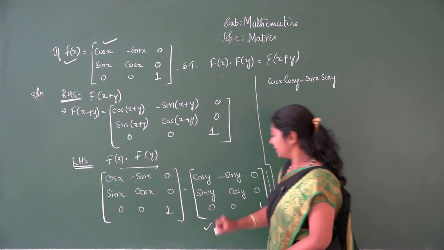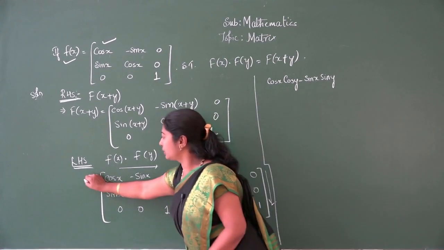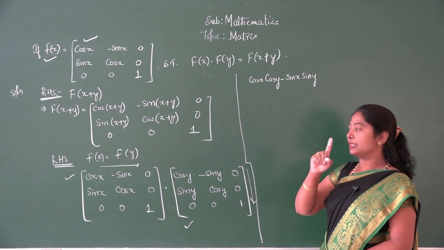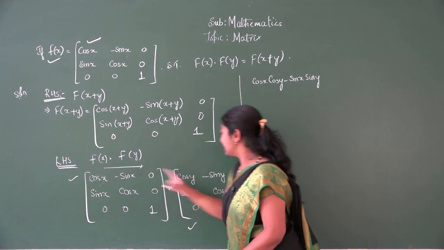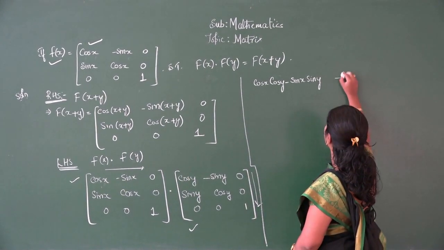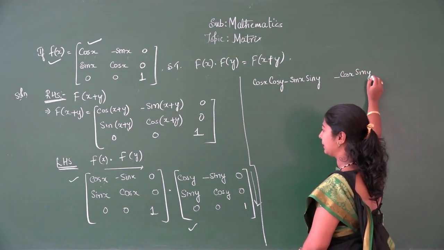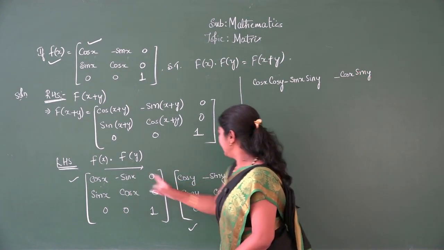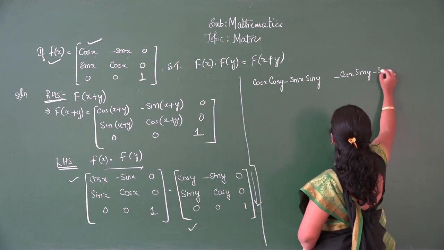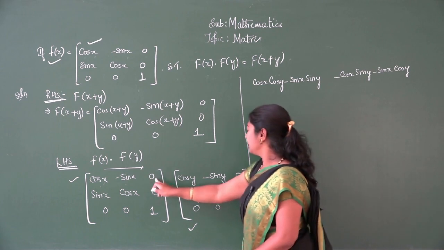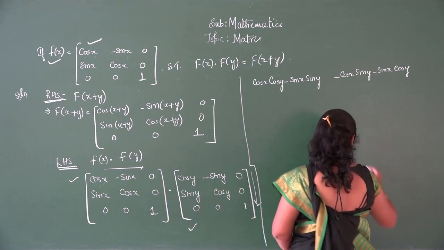We finished with the first column. Now, once again we start with the first row and the second column, that is cos x into minus sin y, minus sin x cos y, plus 0 into 0 will be 0 itself.